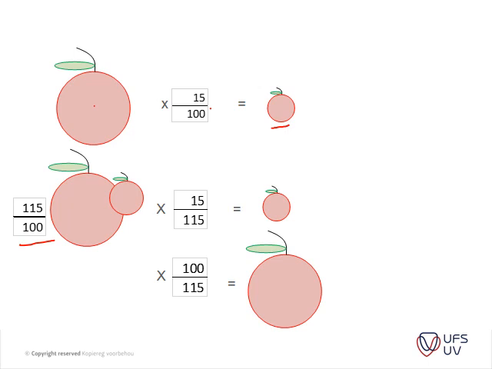So to get the right amount out of this, if you want to take this back to 100 and you want to get an item that you can subtract from this, you need to times it with 100 over 115. So the easiest way is to use the total number, which is 115 here, and you want to take 15% out of it.